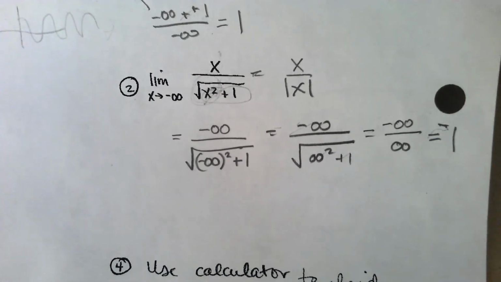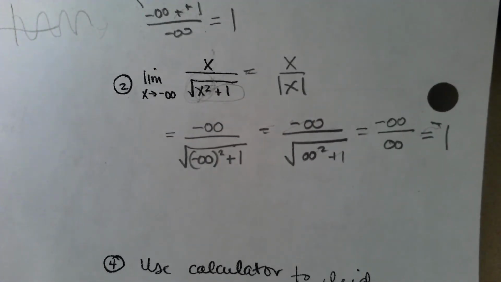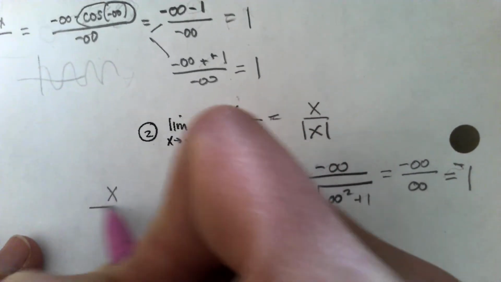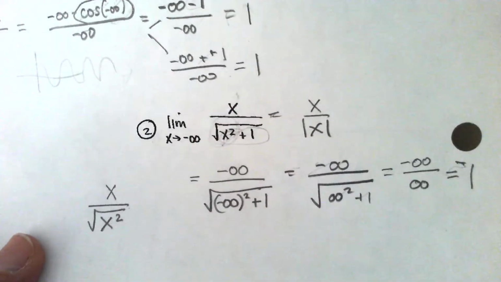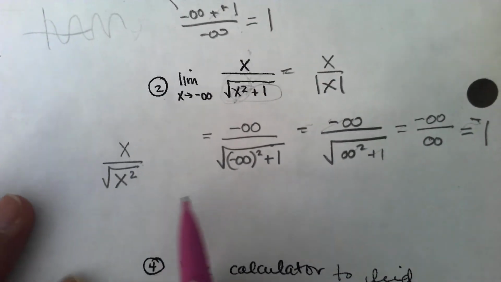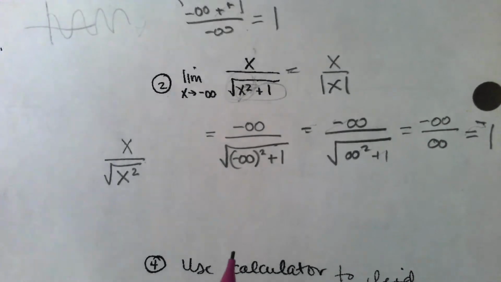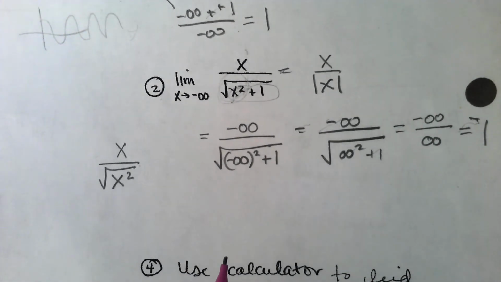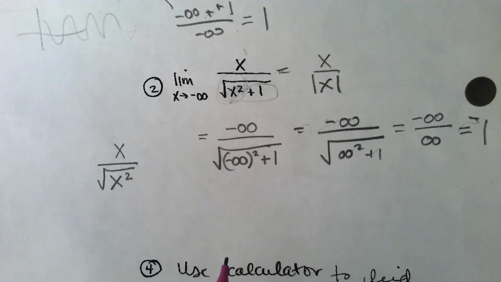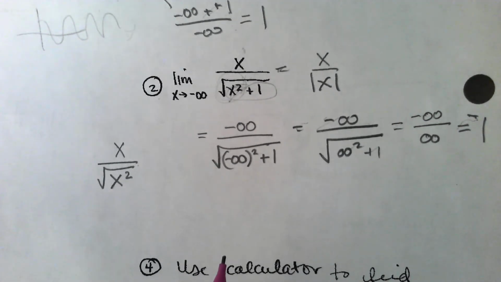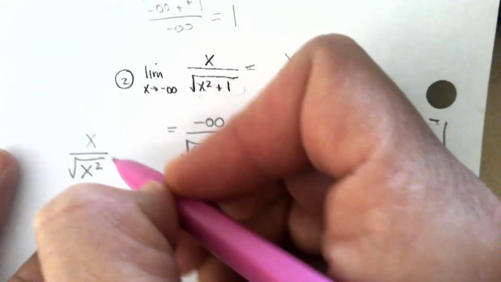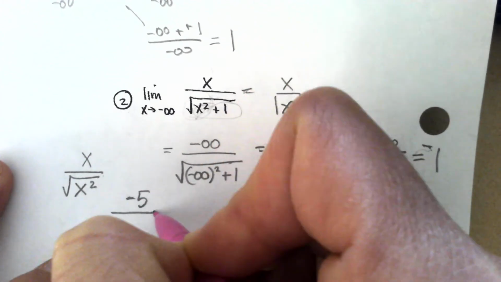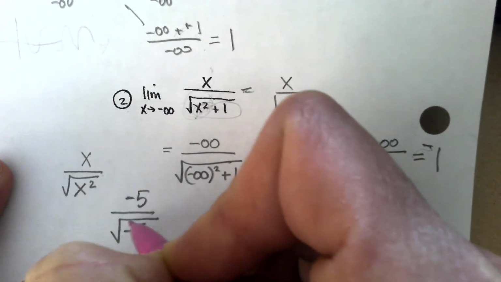Mackenzie? So if it was just square root of x squared, would you have to put negative infinity if there wasn't the plus 1? If it was the limit of x over the square root of x squared. Yeah. For a limit, you can't tell me that that's x over x, no. Because what happens if x is a negative number, like negative 5 over the square root of negative 5 squared?